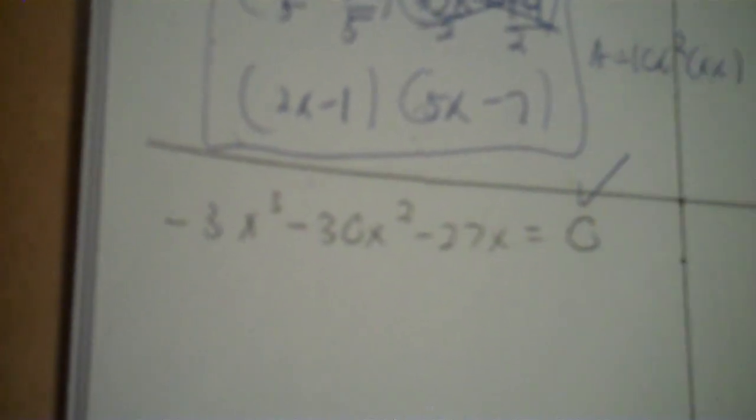-3x to the third power minus 30x to the second power minus 27x equals 0. So right here we have x to the third, x to the second, and x to the first. So obviously we're applying our factoring properties to solve this. We got x third, so that would be 3 answers. And the zero's there.